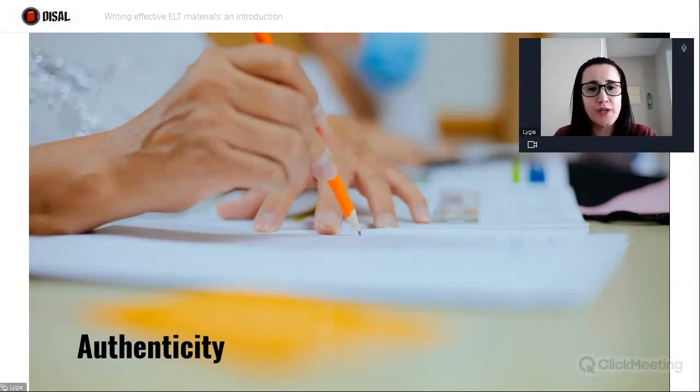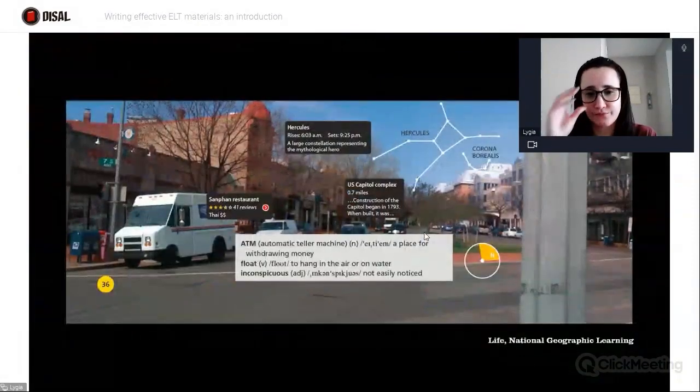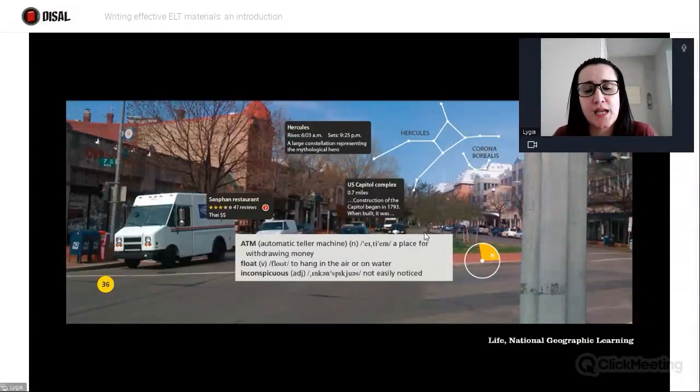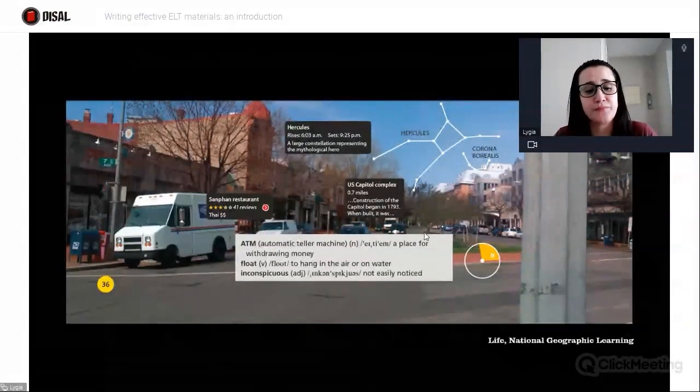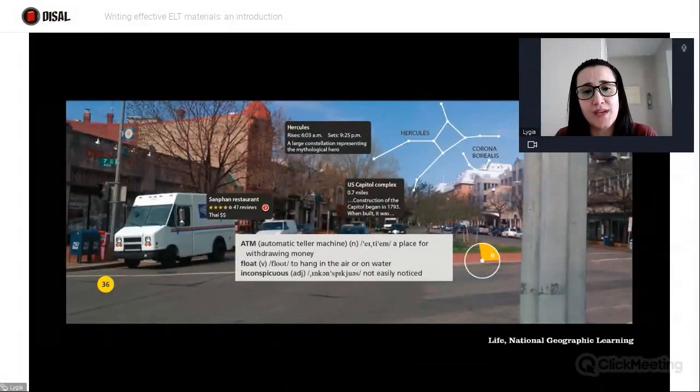So if we look at this picture, which is featured in the textbook Life by National Geographic, we can see how authentic it is because it's something that we might easily see on Google Maps, for instance.